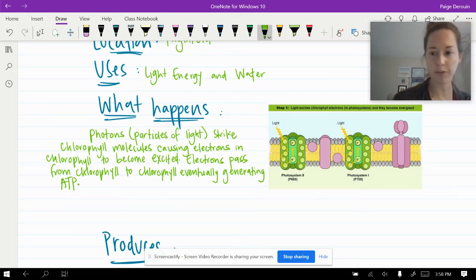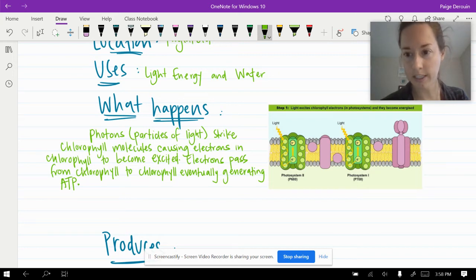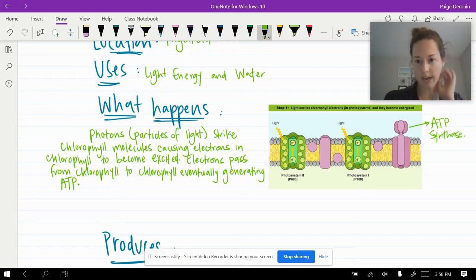And that's done, if you look at this picture over here, by this molecule called ATP synthase. It is an enzyme because it ends with ase. And its job is actually to create ATP.